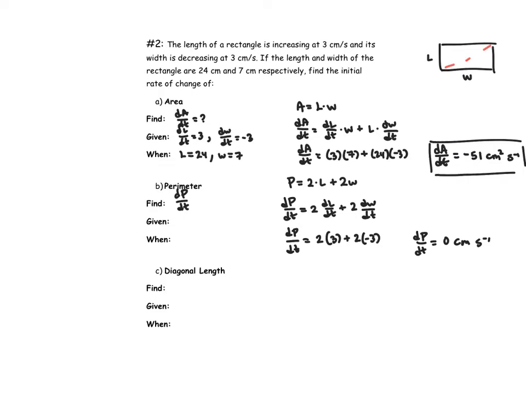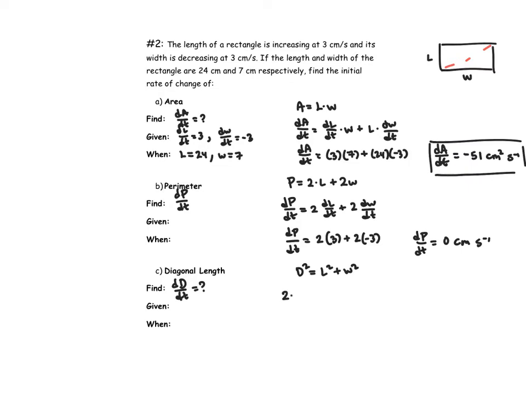Okay, so the diagonal length will have a specific relationship. I'm going to call the diagonal capital D. Of course, nothing is changing with our givens and our whens. So the diagonal squared is equal to the length squared plus the width squared using the Pythagorean theorem. So I'm going to take and derive this implicitly.